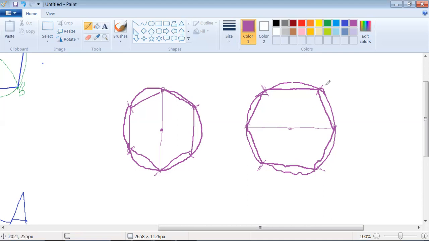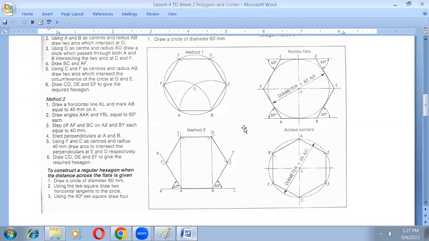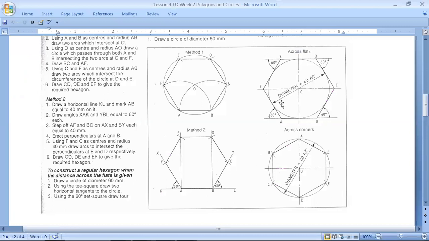Just 2 methods, you follow these, no matter. And this is when the circle is across the flat, when the circle is across the corner. Circle passes across the corner.